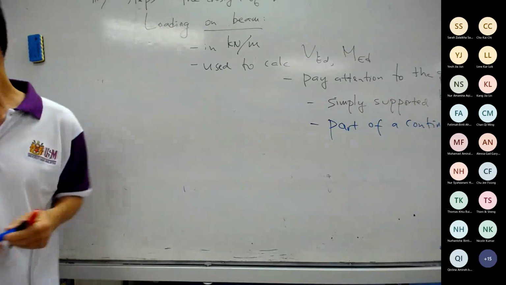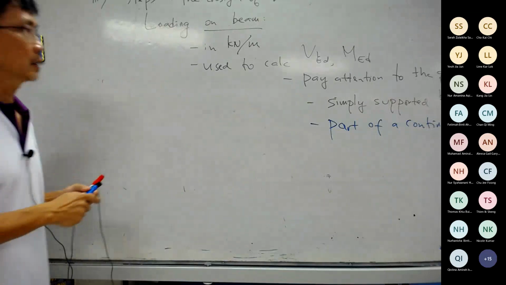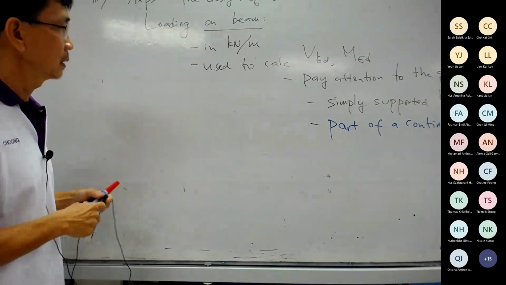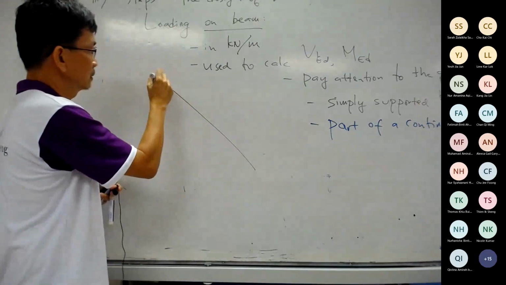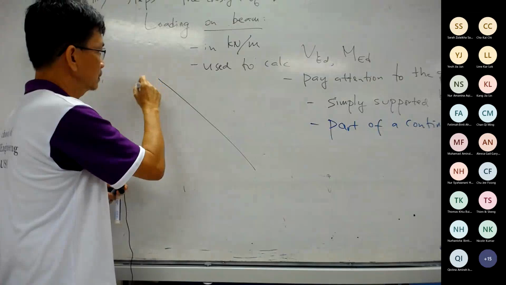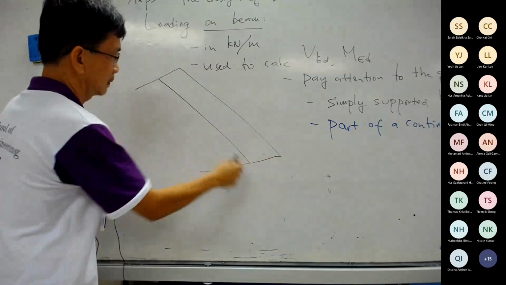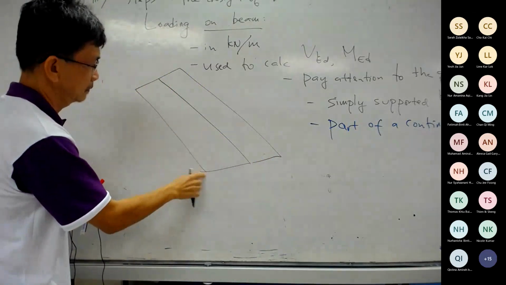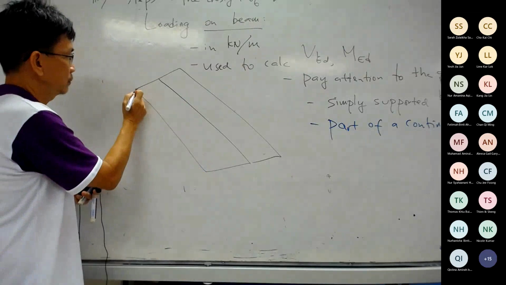So I'm going to give you an example of drawings where, if the drawing given is something like this, this one I'm giving an overall view, not plan view.